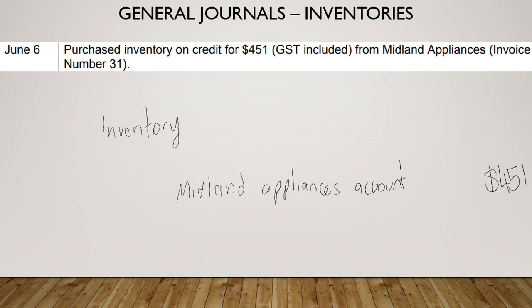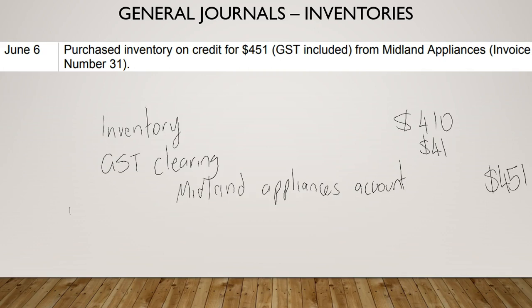Now, some of that money went to inventory, some of it went to GST. So we're going to divide that by 11. And we're going to have $41 going into GST clearing, and we're going to have the remaining $410 going into inventory.